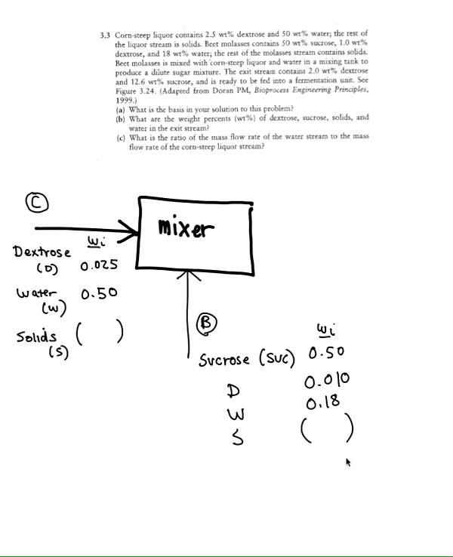And then it talks about an exit stream, which I'm going to call P for product, and that contains 2% dextrose, 12.6% sucrose, and then we have water and solids, so we don't really know how much we have of those.